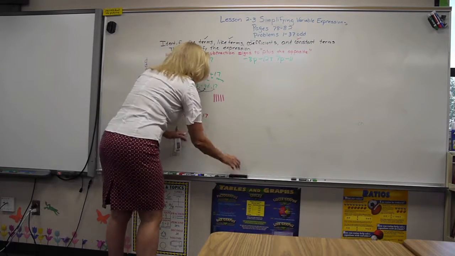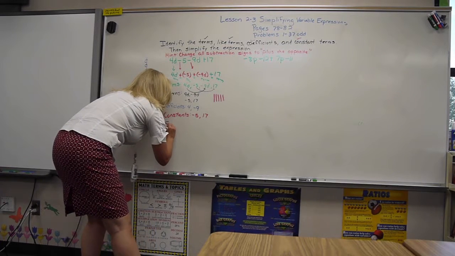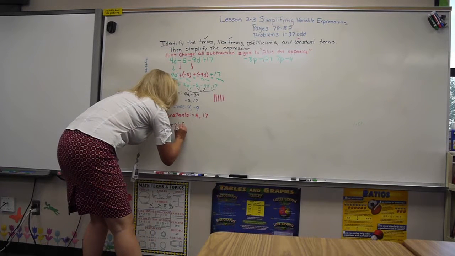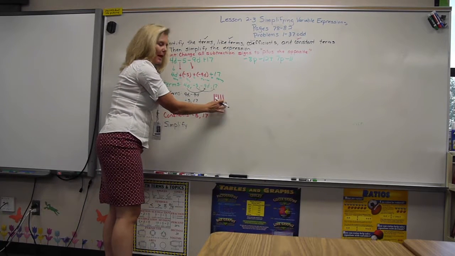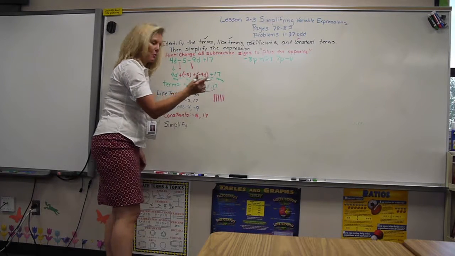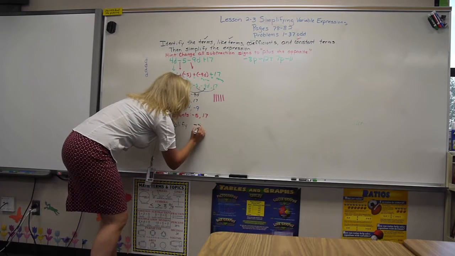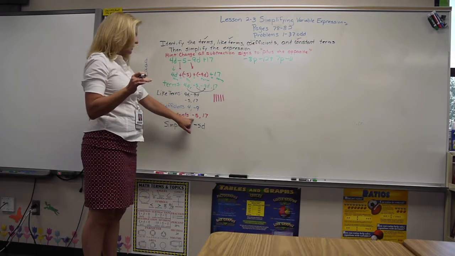And I always want to simplify, let's get another color, where I do my variables first. So how many of those variables do I have? Well, I'm left with 1, 2, 3, 4, 5, but they're red. I have negative 5D. Now, those are very different than the constants.